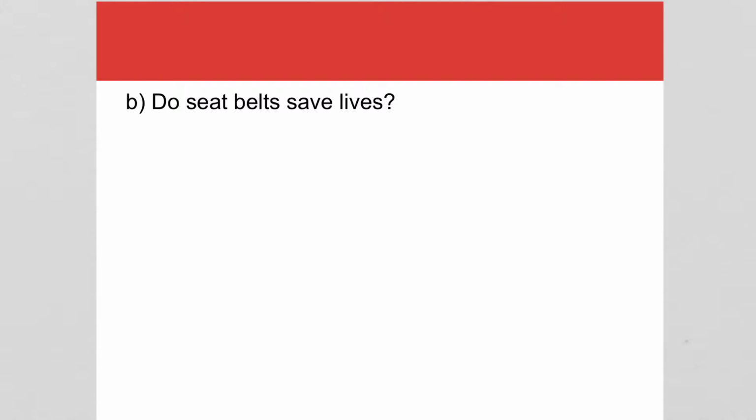Do seatbelts save lives? Well, you're not going to say, okay, you 50 people wear a seatbelt and go run into that wall with your car, and you 50 people don't wear a seatbelt and go run into a wall with your car. And let's see which ones of you die. No, that's not going to happen.